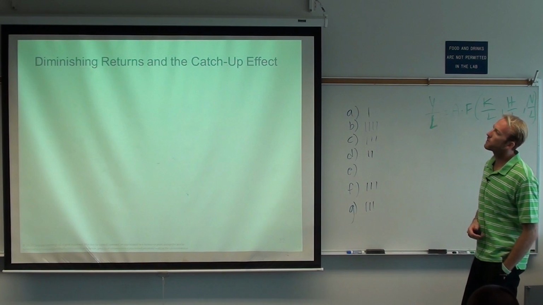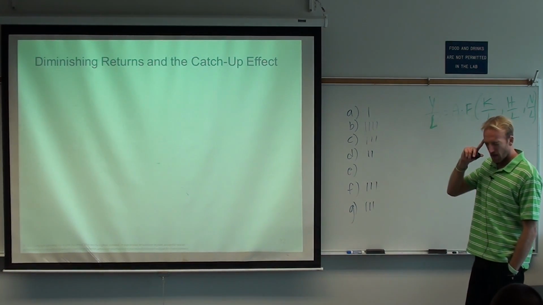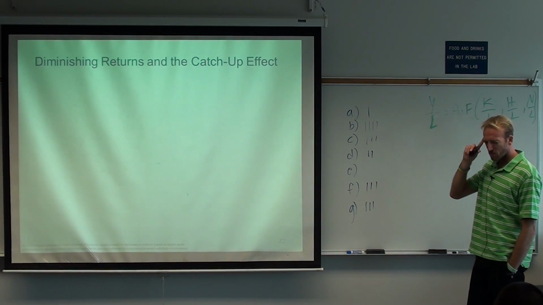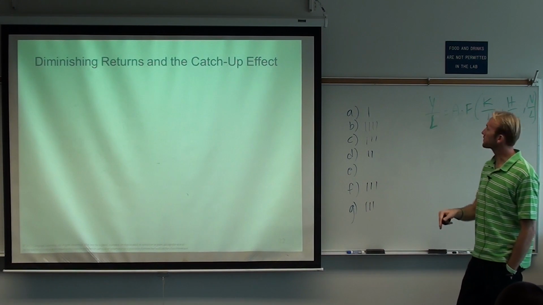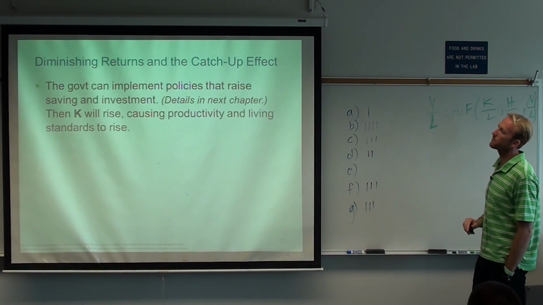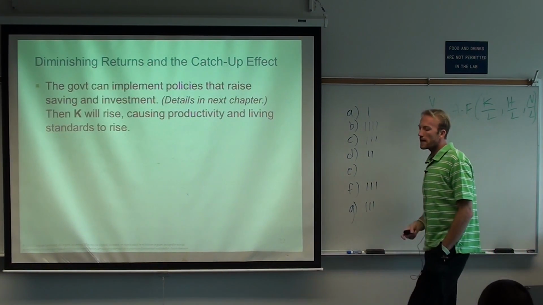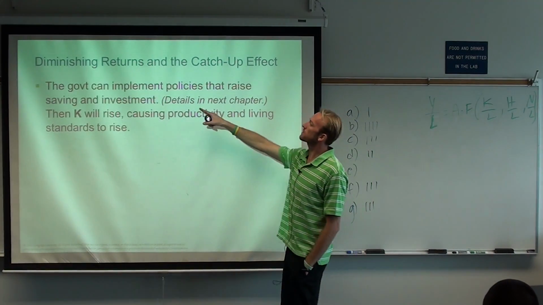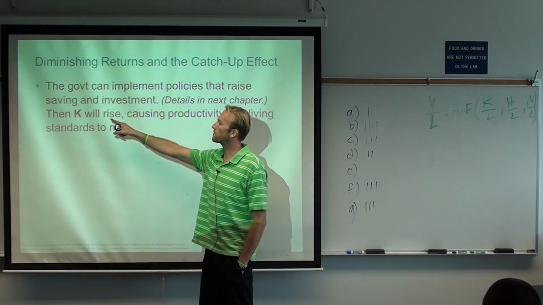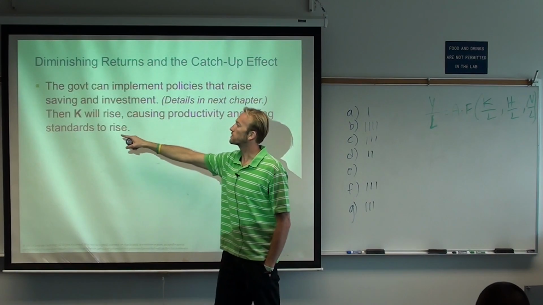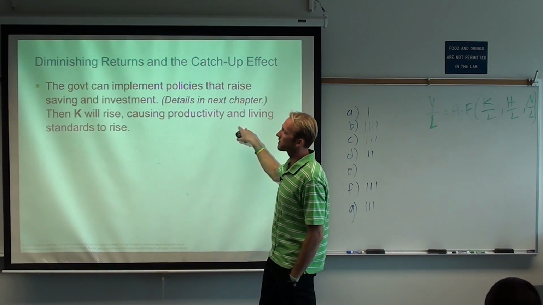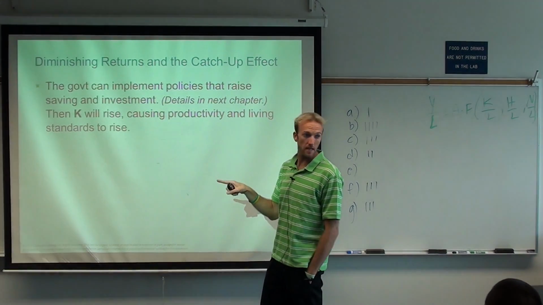Okay. So next, let's think about what exactly happens when I invest more capital into the country, when I make K go up. Next chapter, we'll talk a lot more about making policies that can raise saving and investment, which makes K rise, which makes productivity rise, which makes living standards rise, right?